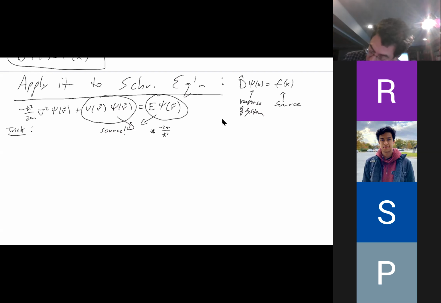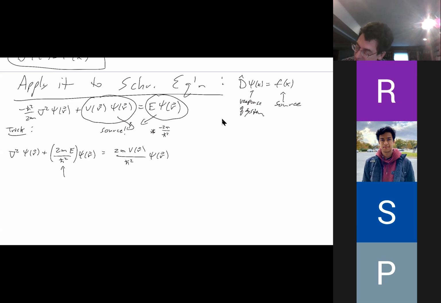It's going to look like this: del squared psi of r plus 2mE over h bar squared psi of r is equal to 2m V of r over h bar squared psi of r. All right, but now look at this. What do I call that? Does that look familiar? Do you guys know what that is?